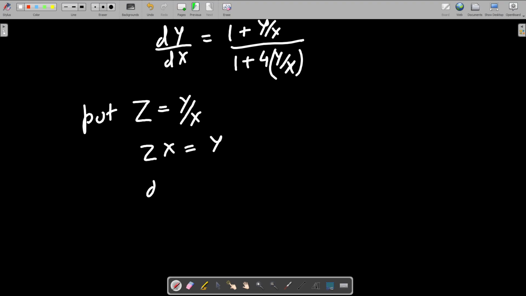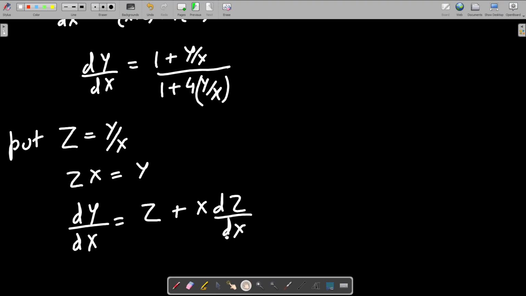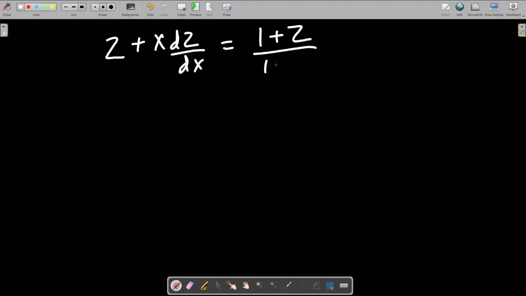Okay. Yeah, put z is equal to this. Zx is equal to y. So you'll get your dy by dx is equal to z plus x dz by dx. So finally, the given differential equation will be z plus x dz by dx equals 1 plus z upon 1 minus 4z.